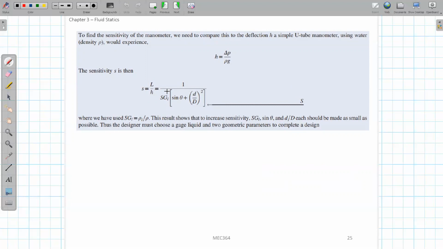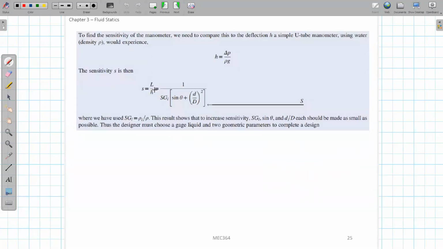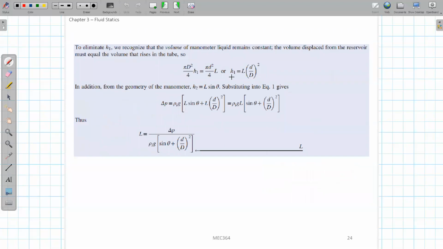For the regular U-tube manometer, if you are reading L, then the corresponding H will be just H1 plus H2. So the sensitivity for this inclined one is just L divided by H1 plus H2.